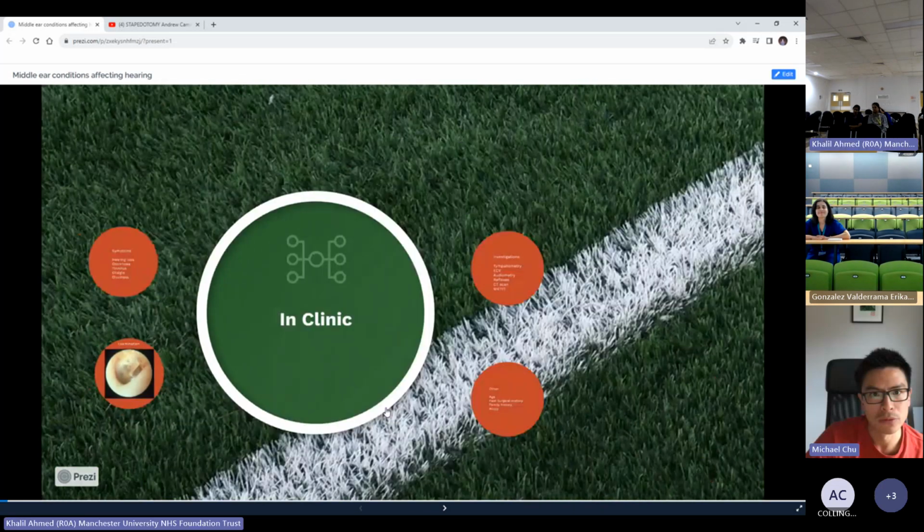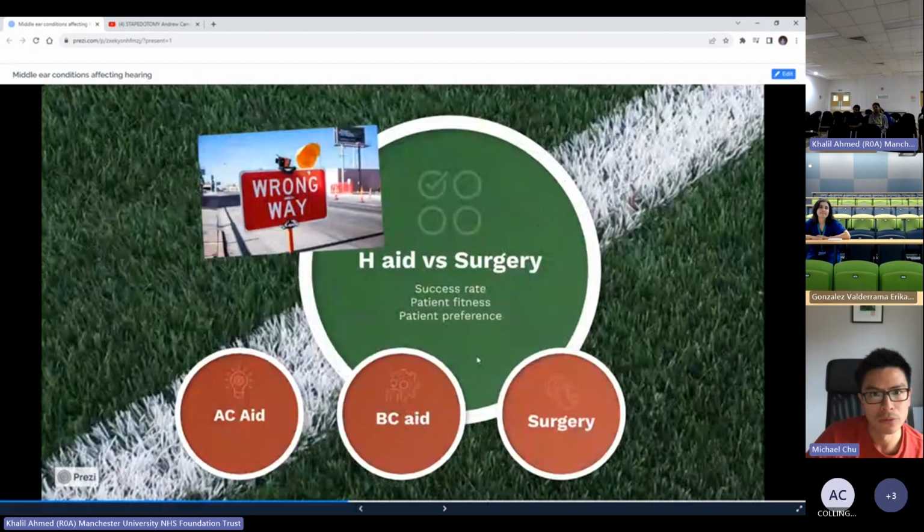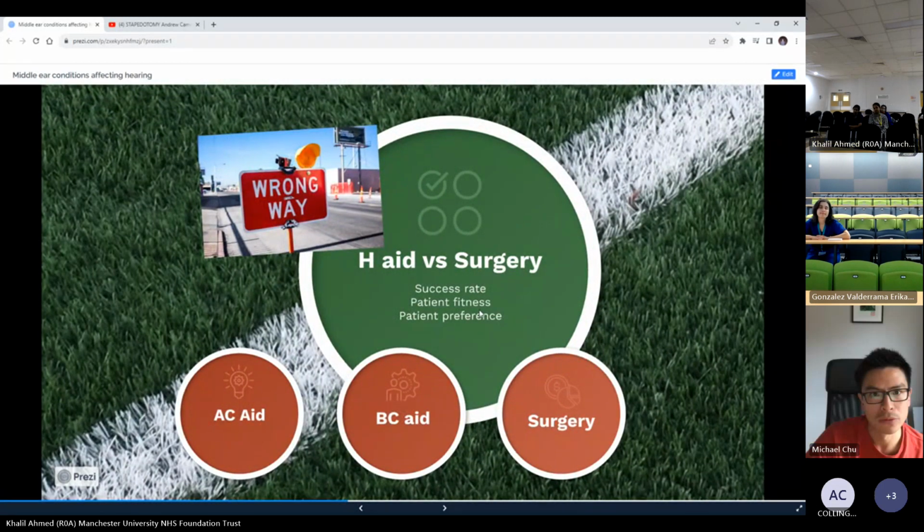So let's get back to our options. You've got the patient in front of you. They've got a 60, 70 dB conductive loss, and you're convinced it's otosclerosis because the radiologist who looked at your CT of temporal bones told you they can see otosclerosis on both sides, even though one side's normal hearing.